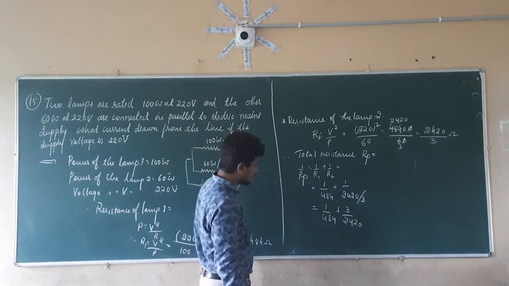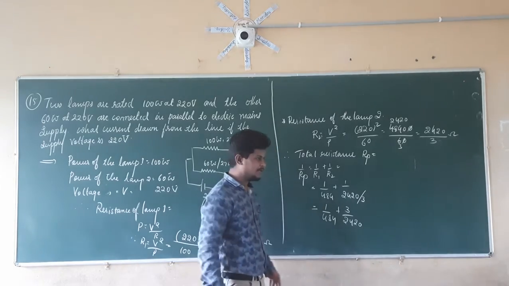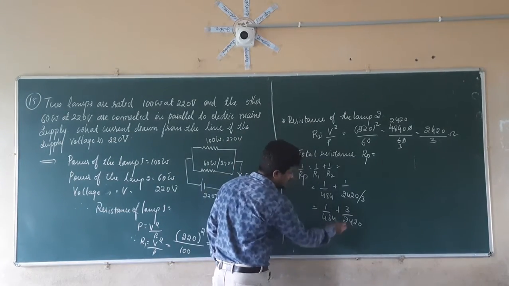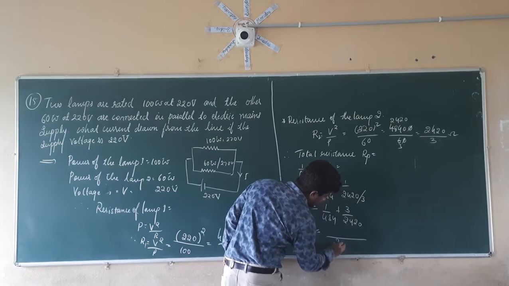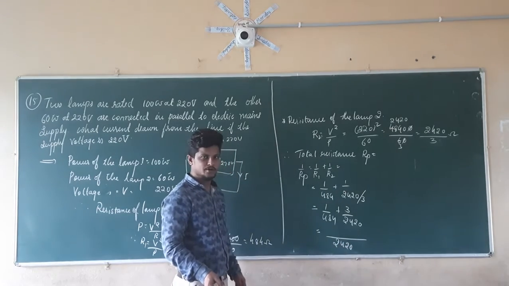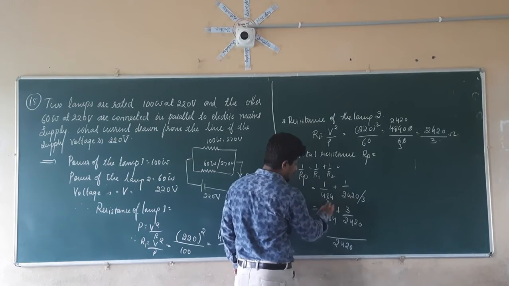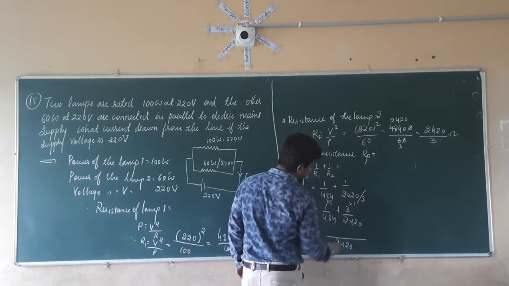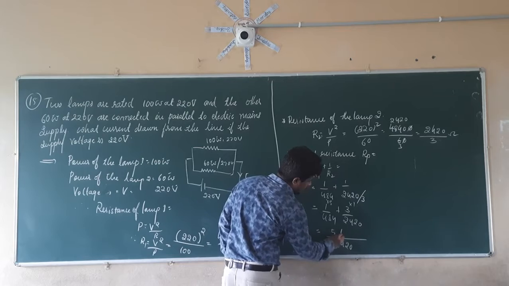Right. If we calculate the LCM here, it is going to be 2420. 484 5s are 2420. So here it is multiplied by 5, here by 1. So it will be equal to 5 plus 3.